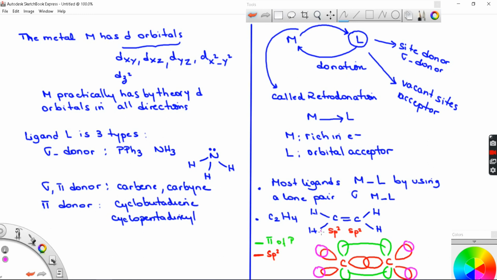If we look at the structure of C2H4, we don't have a lone pair. We have a pi bond.